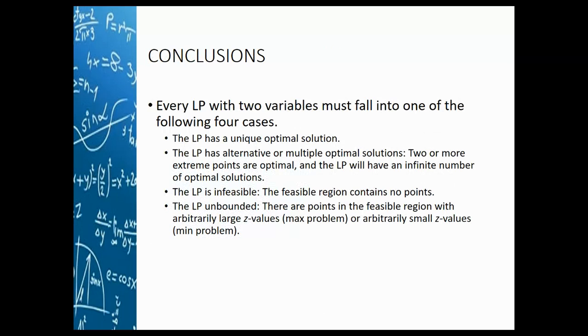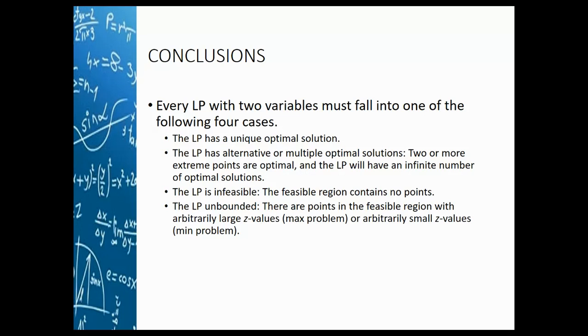By the end of the day, I would like to conclude this particular part. If you have two variables, it is easier. If you have more than two variables, that is another story. We need to find another method to solve that, and normally we use a machine to solve it.